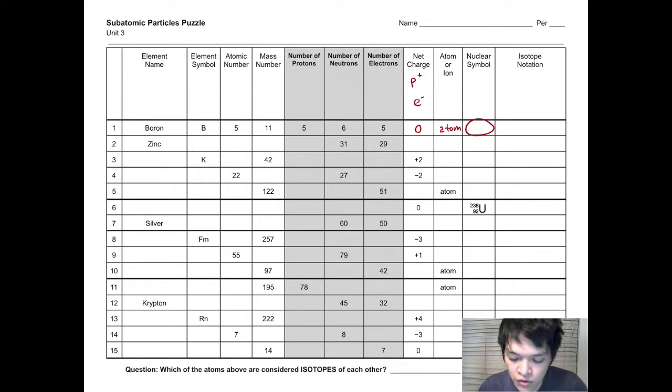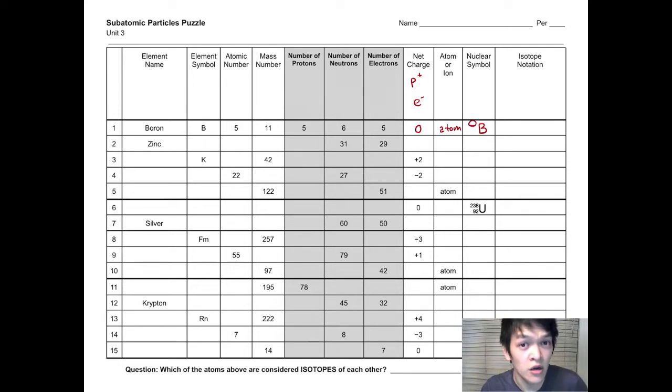We're looking for a nuclear symbol now. For nuclear symbol, that's actually the element symbol, which is going to be B, right? With a piece of information on the top left and a piece of information on the bottom left. Now the information on the top left, it's going to be mass number.